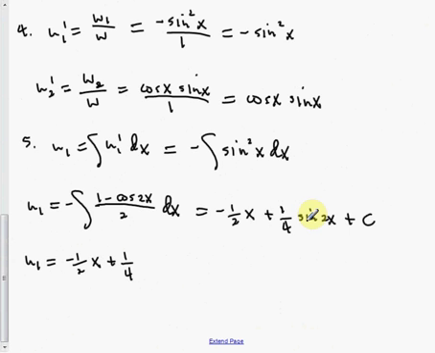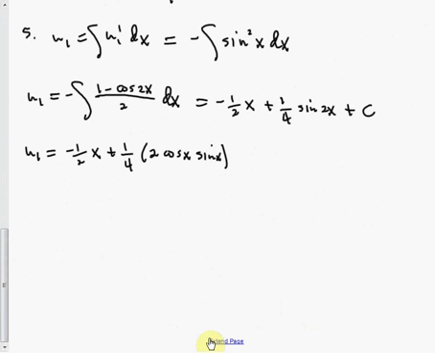Go from the double angle back to the single. That was the u sub 1.